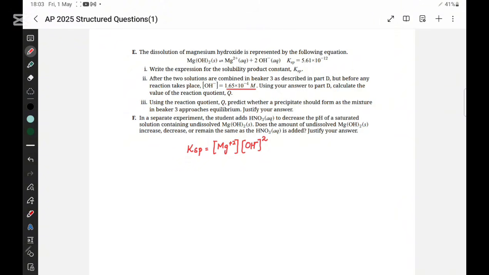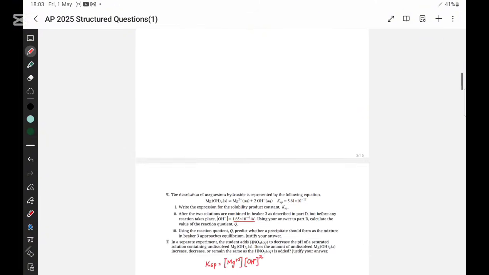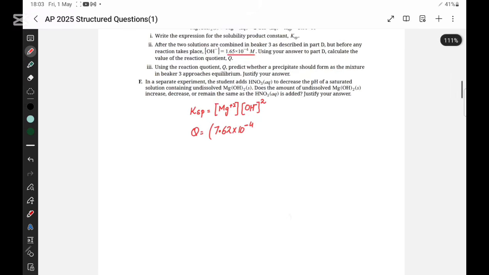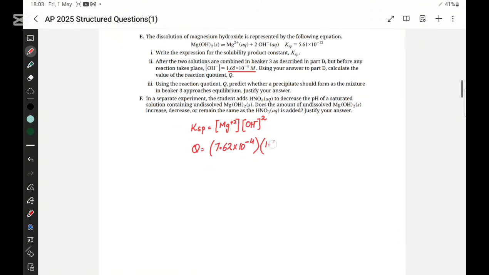Use your answer to part D. Calculate the value of reaction quotient Q. Q is equal to the magnesium concentration we found before, 7.62 times 10 to the power minus 4, times the hydroxide ion concentration 1.65 times 10 to the power minus 4 whole squared, and the value of Q comes out to be 2.07 times 10 to the power minus 11.